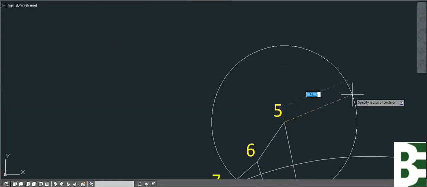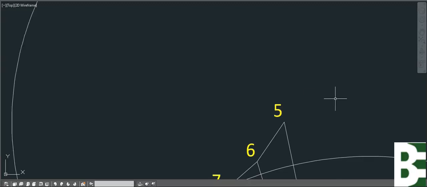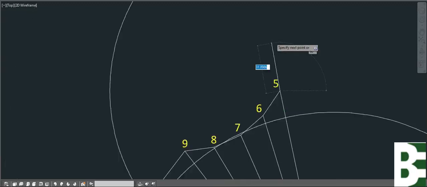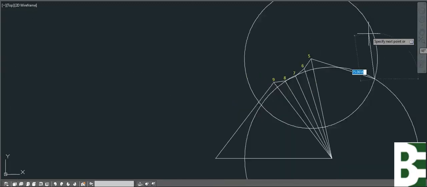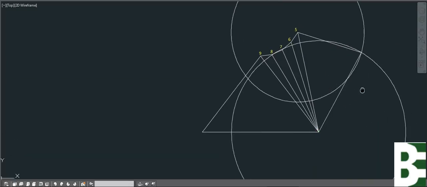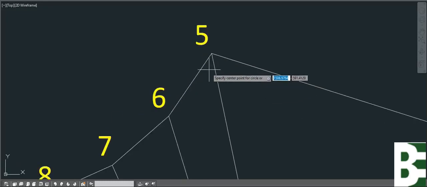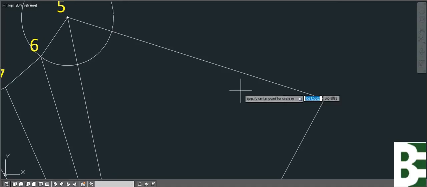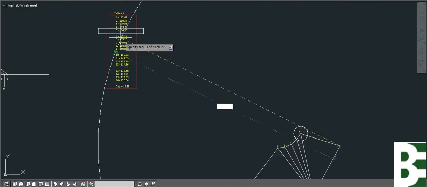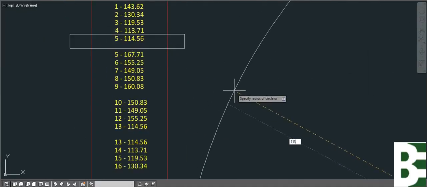I will draw a radius from the top, 114.56, and now draw lines from here to the corner, and same 19.63. Just draw the lines.